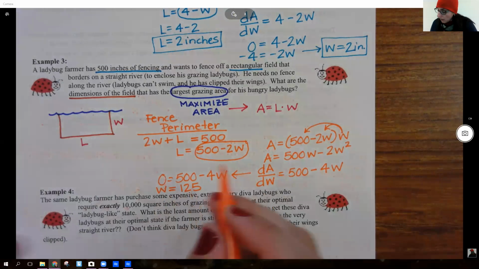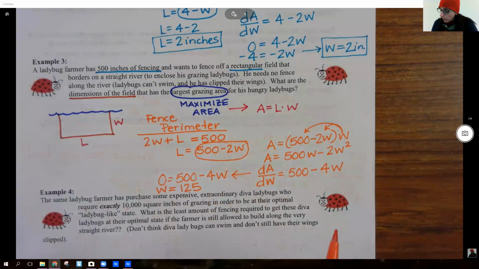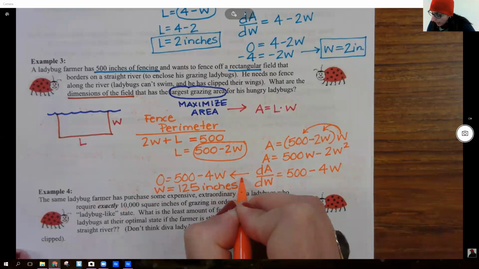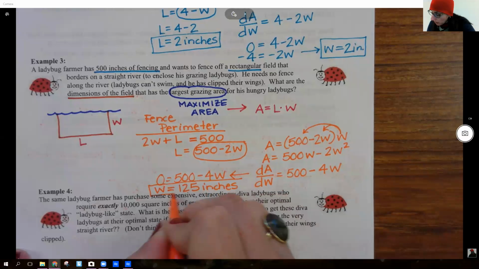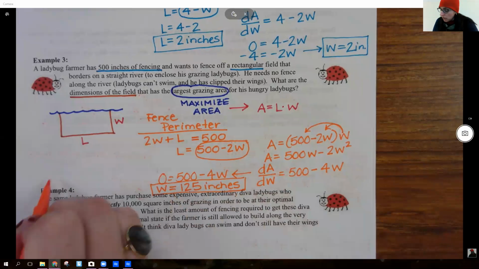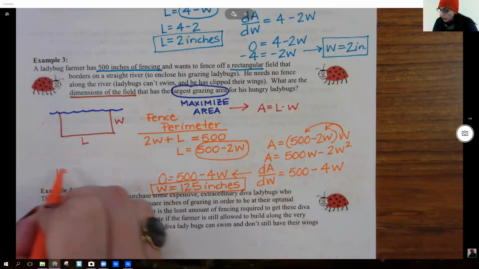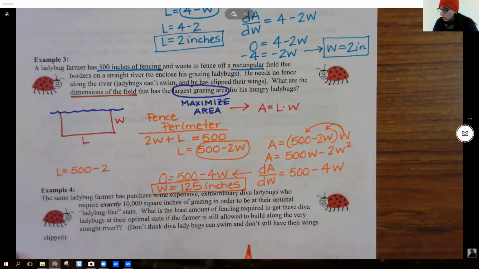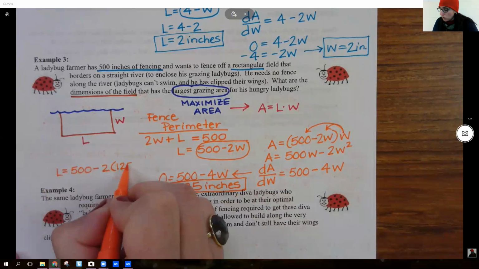Yeah. So, inches. Make sure you put a label on these, okay? Because these are application problems. So W is 125 inches. L will be 500 minus 2 times 125.